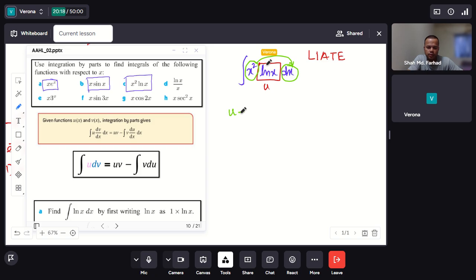So u equals ln x, and dv is x square dx.